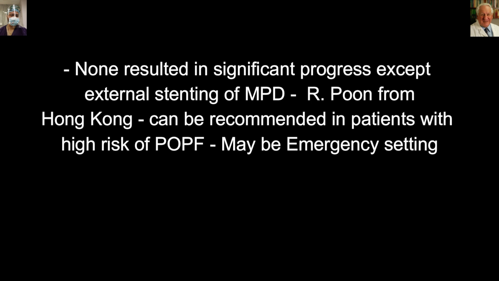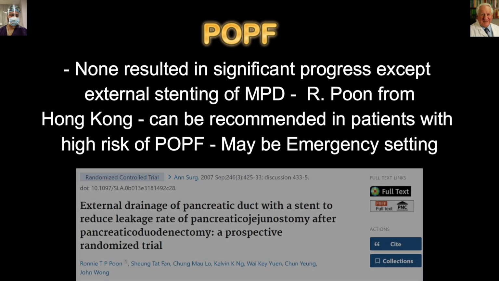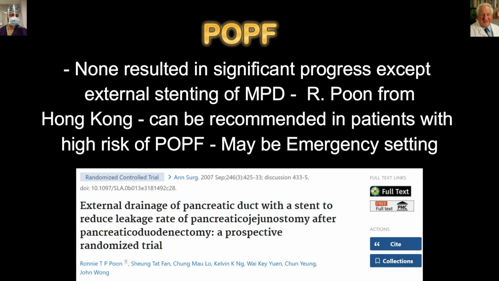Another interesting paper which viewers and students can go through is by Sir Arpun et al. from Hong Kong, on external drainage of the pancreatic duct with a stent to reduce the leakage rate of pancreaticojejunostomy. What they did was place a stent in the MPD and externalize it through the draining limb, and they said it has a minimum leak rate.